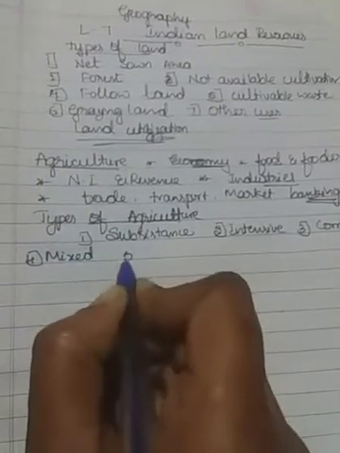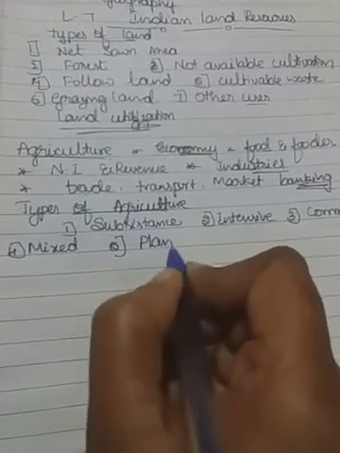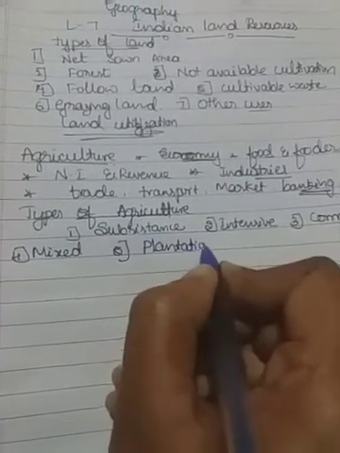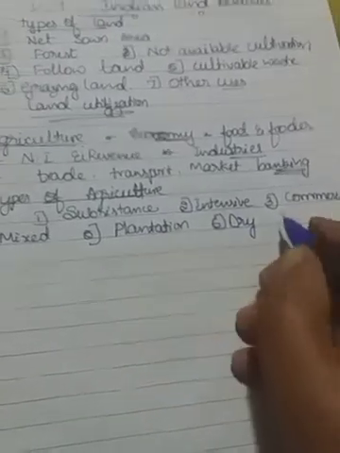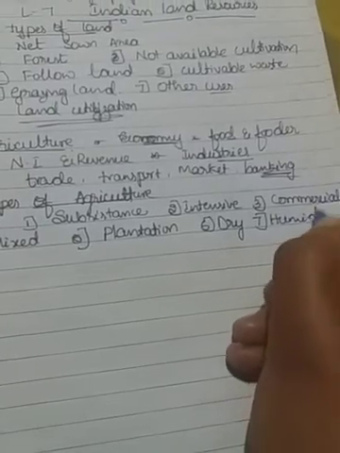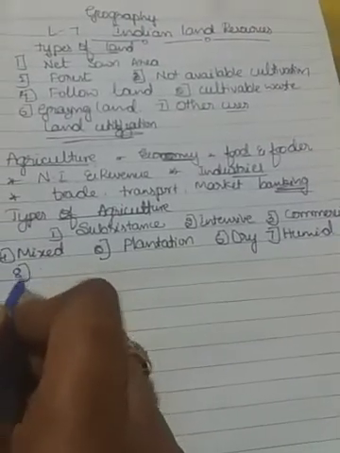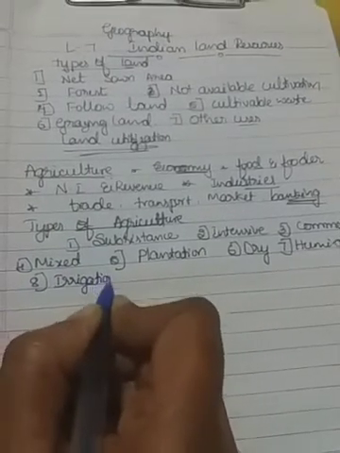Fourth one is mixed farming. And fifth one is plantation farming. Sixth one is dry farming. Seventh one is humid farming. Eighth one is irrigation farming. So these are the types of agriculture.